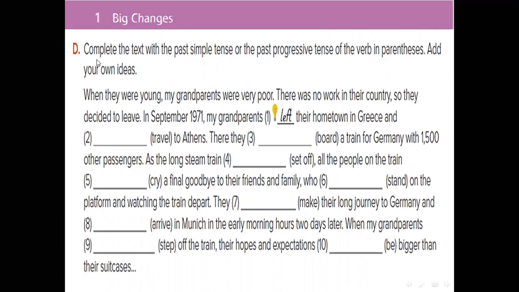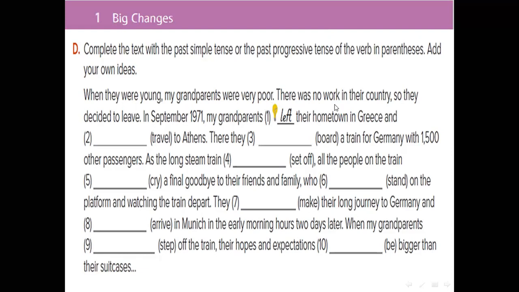Exercise number D. Complete the text with the past simple tense and the past progressive tense of the verb in parentheses. Add your own ideas. When they were young, my grandparents were very poor.